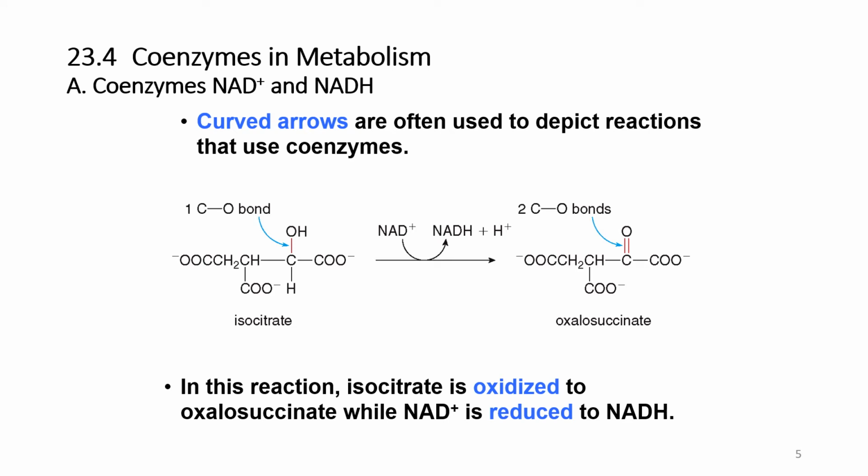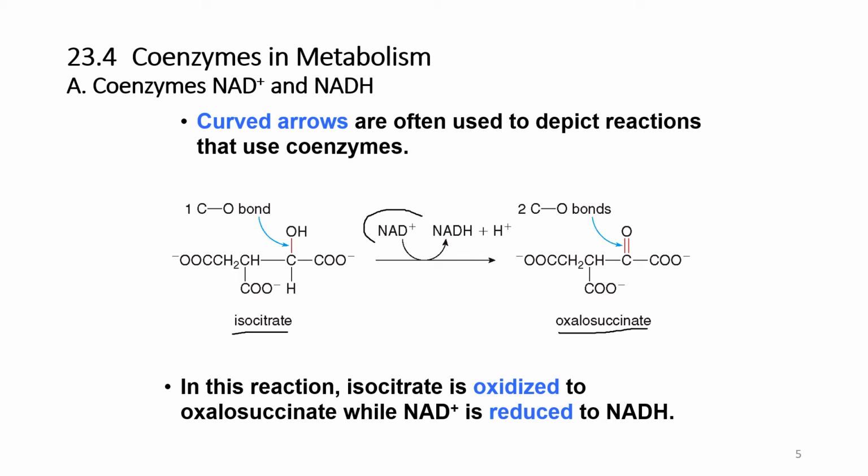So here is a reaction from the citric acid cycle, the conversion of isocitrate to oxalosuccinate. This is a redox reaction, and when we have these coenzymes required for a reaction, it's conventional to show them like this, with a curved arrow that hits the forward arrow.